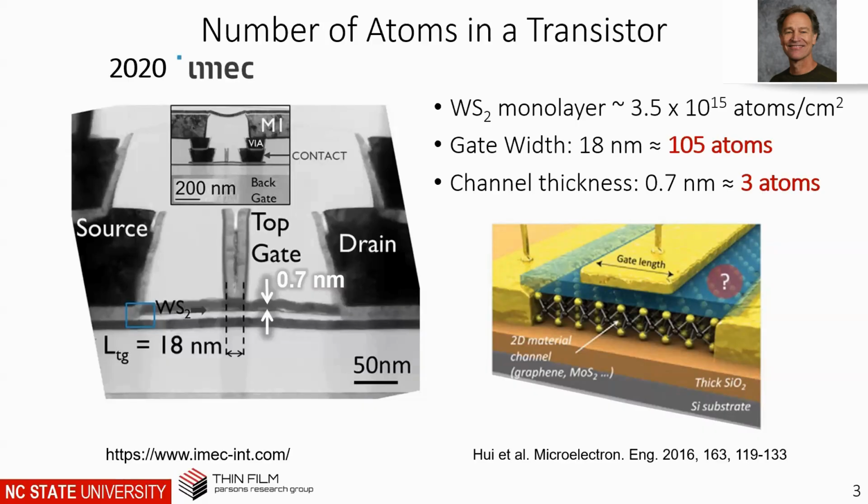You can see that this two-dimensional material is only 3 atoms thick, and the width here is 18 nanometers, which is 105 atoms. So you can actually count the atoms in this layer, and that is all that's needed to make that device.